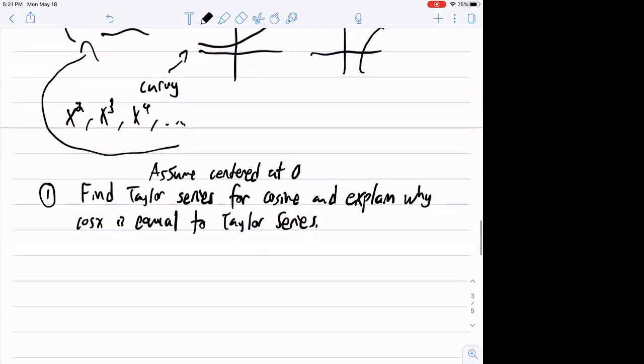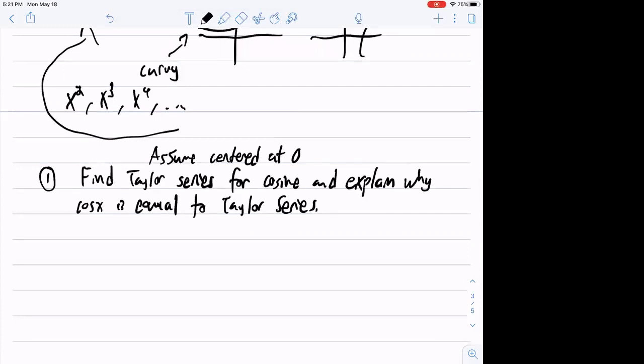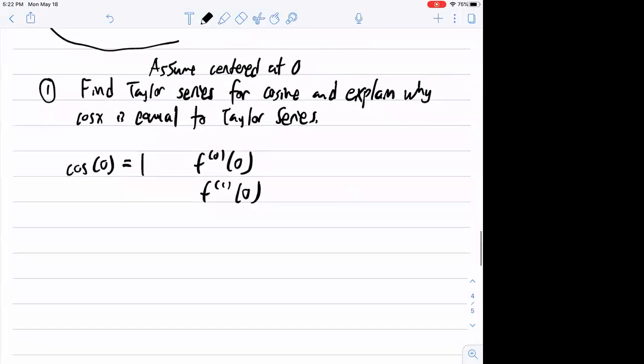A priori, there are infinitely many derivatives you have to calculate, so you should notice a pattern, or else it gets pretty hard to write the series explicitly. First is cosine of 0, which is 1, so I'm calculating f0 at 0, f1 at 0, and f2 at 0, and so on.